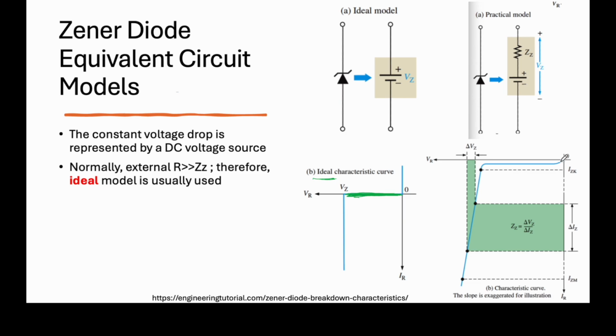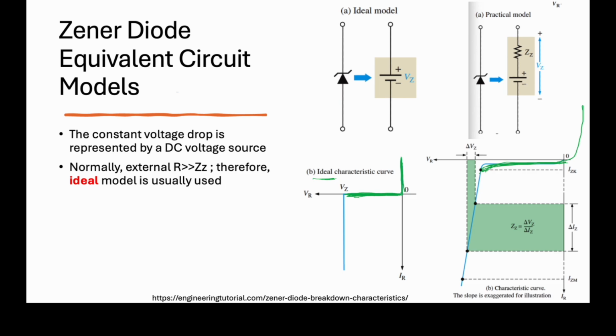Compared to the practical Zener, before VZ you can see there is a slight decrease of current here, but it is very, very small. But in the ideal characteristics of a Zener, it will be exactly 0. Same goes for the forward bias, it will be exactly at 0.